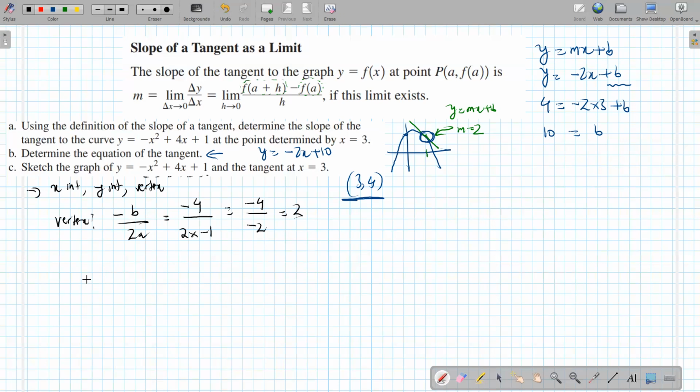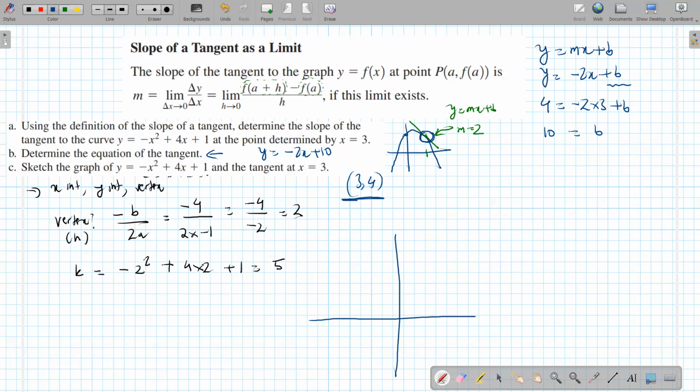You simply plug it back in, right? This is called your h, the x value of the vertex. To find k, the y value, you plug the x value back into the equation. So it'll be negative 2 squared plus 4 times 2 plus 1. That's negative 4 plus 8 plus 1, which is 5.